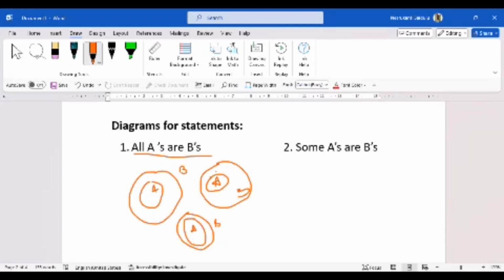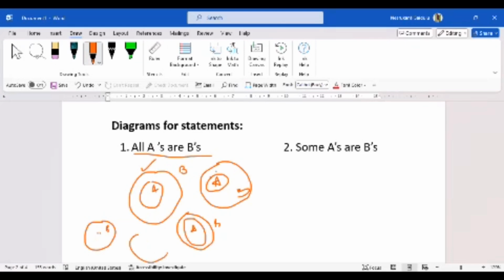I don't know how small or big A is, so I can follow this diagram only. There are many possibilities. This can also be possible. Here is A and this one is B.